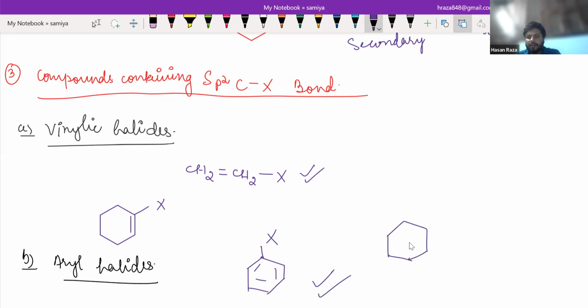Also we can write like this, CH3 is here, X is here, this is also aryl halides. Aryl means benzene, X is directly connected to the benzene ring. A double bond is also present in vinylic, but aryl means aromatic compound. Other than aromatic compound is like this, that is vinylic halides.